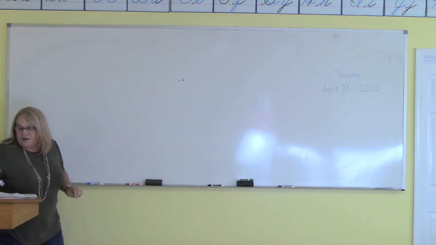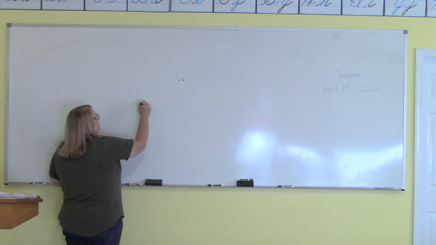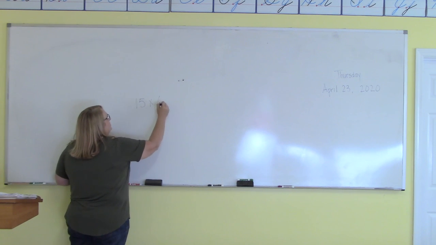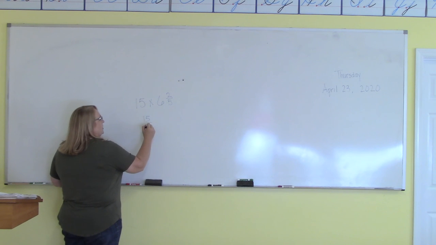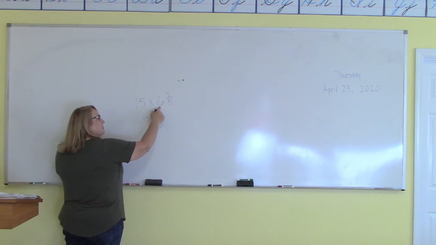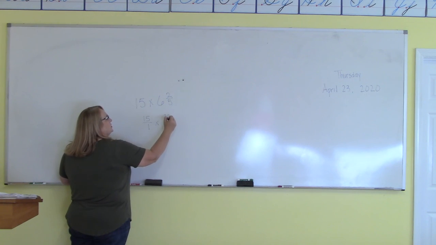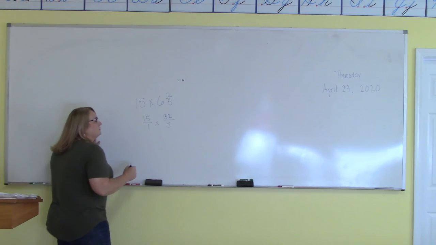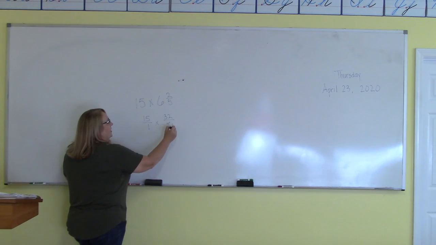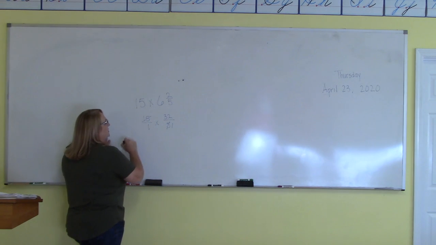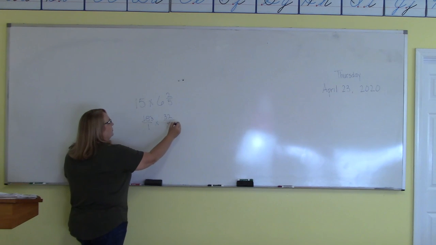All right, E, 15 times 6 2/5. 15 over 1 times 5 times 6 is 30 plus 2 is 32 over 5. Okay, 5 divided by 5 is 1. 15 divided by 5 is 3.